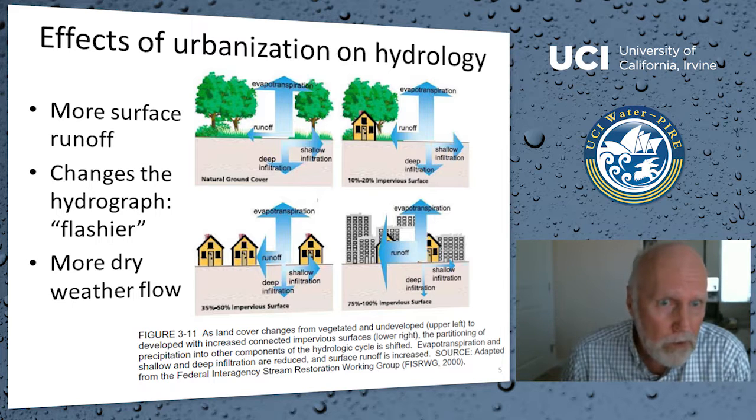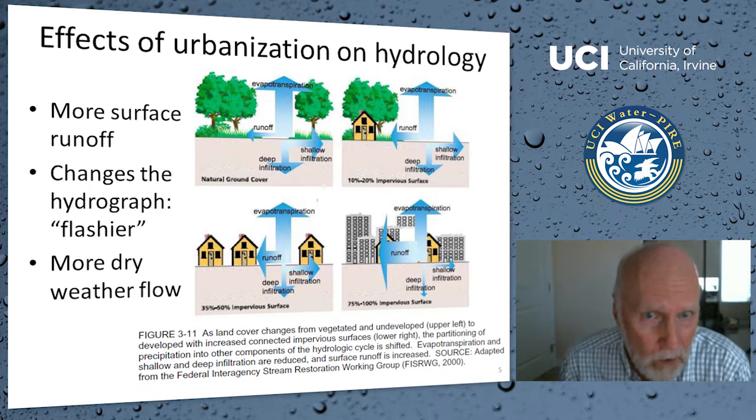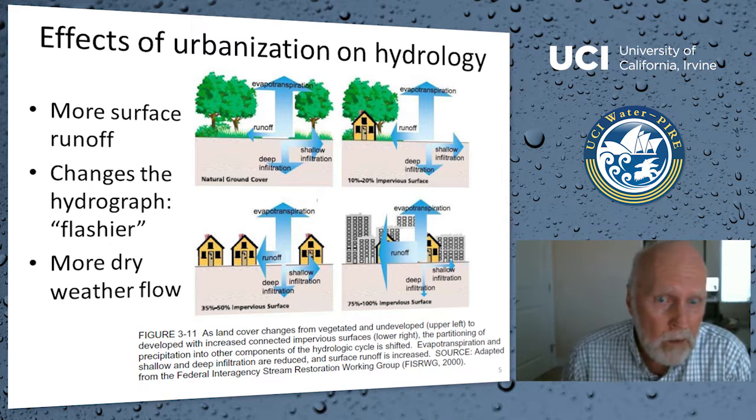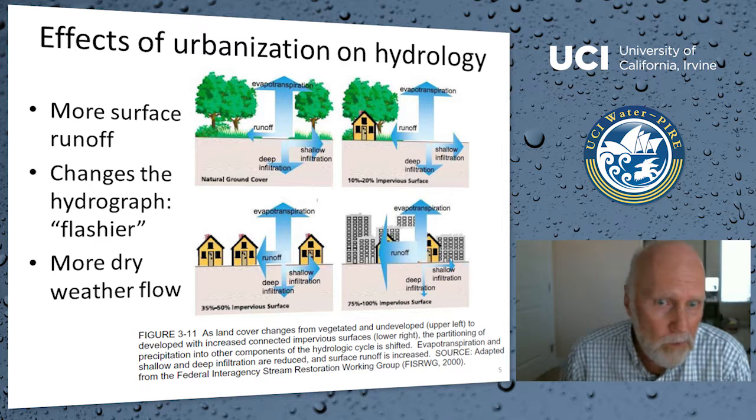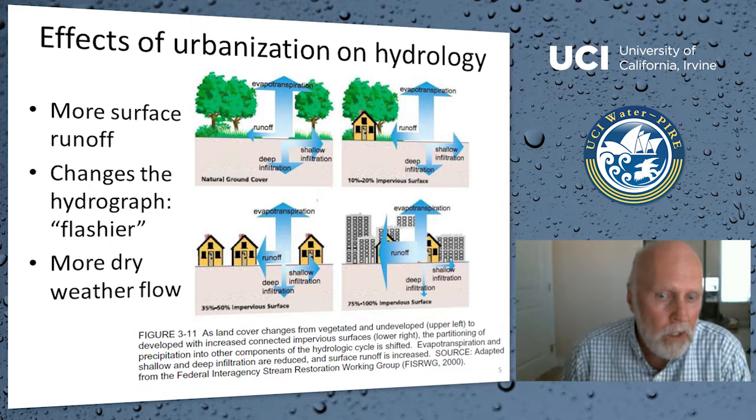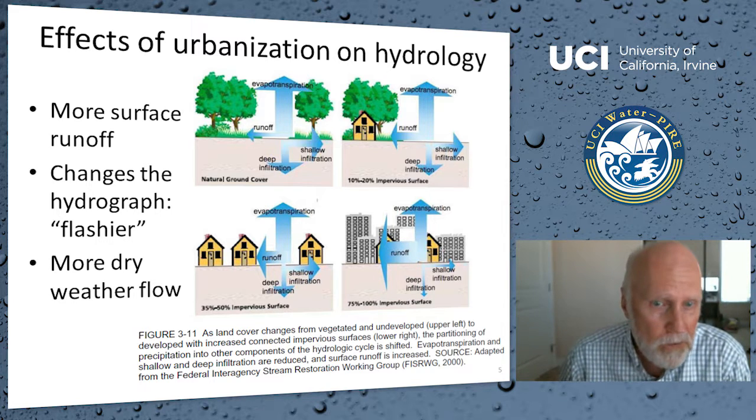Some of it infiltrates, and a relatively small amount is runoff. As we move to greater and greater urbanization, the next diagram over to the right shows 10 to 20% impervious surface. We're starting to get more runoff, and then in the lower right we have 75 to 100% impervious surface. We still get evapotranspiration, though not as much transpiration because there aren't so many plants, but we get a very high amount of runoff.